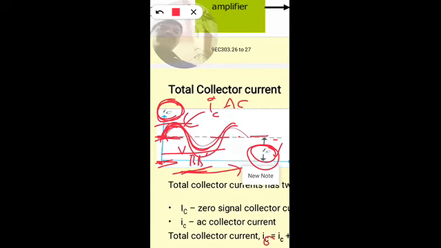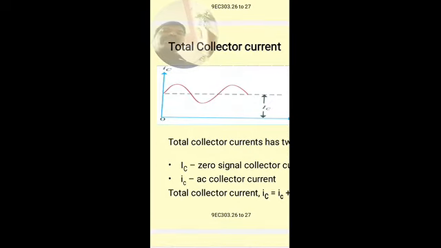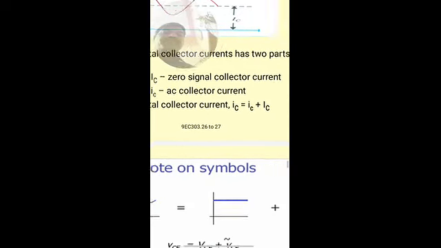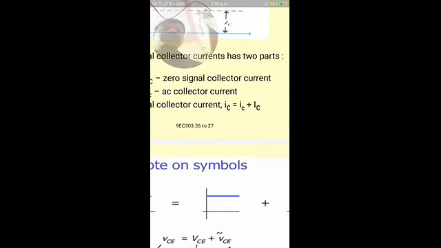This total current, on the y-axis, is the sum of the AC output current waveform and the steady state zero signal DC current.